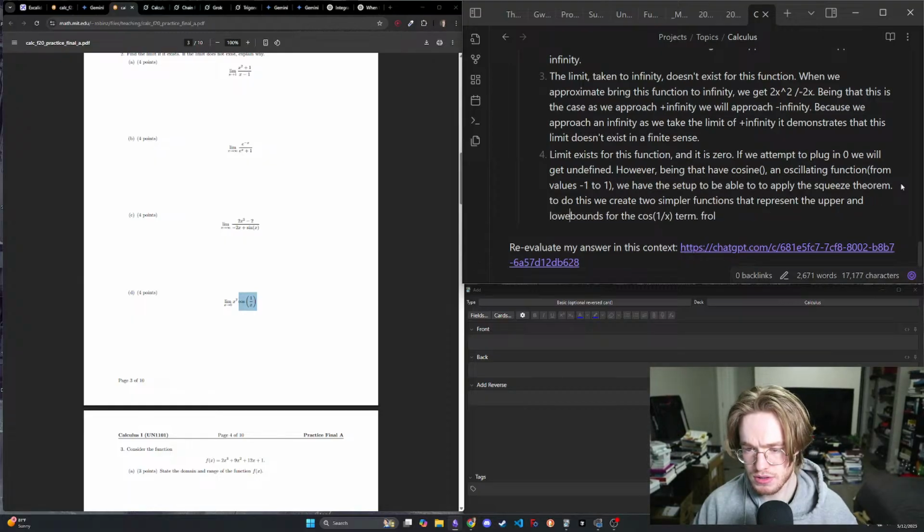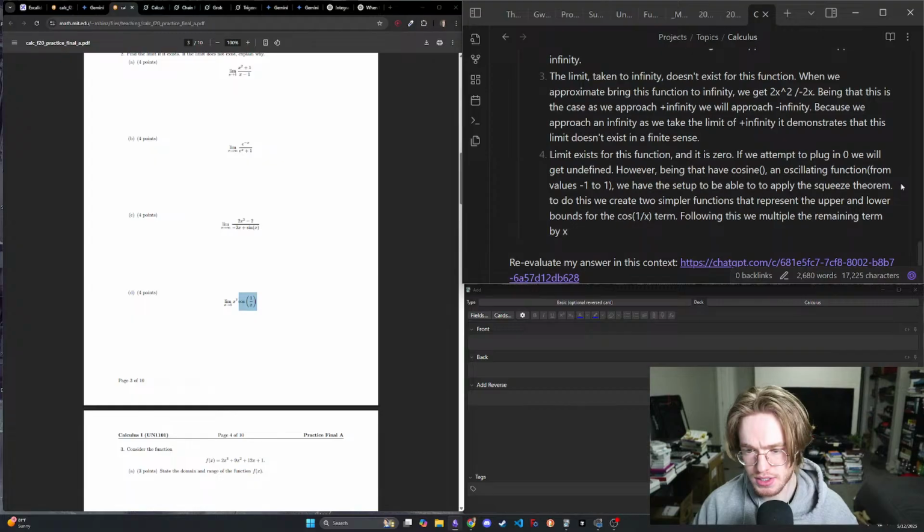Following this, we multiply the remaining term, x squared, by x squared.